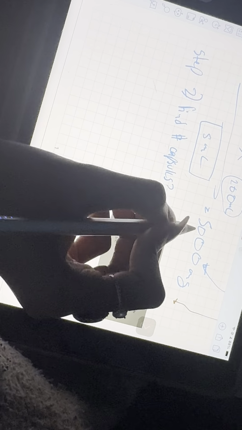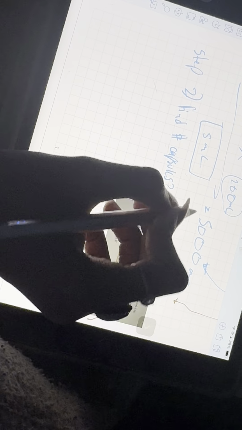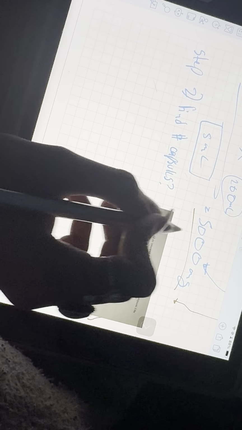So yeah, this is the capsules that we're looking for. We have the total milligrams. Milligrams, they match. So we're going to do our knowns first, which is $2.23 per one capsule.